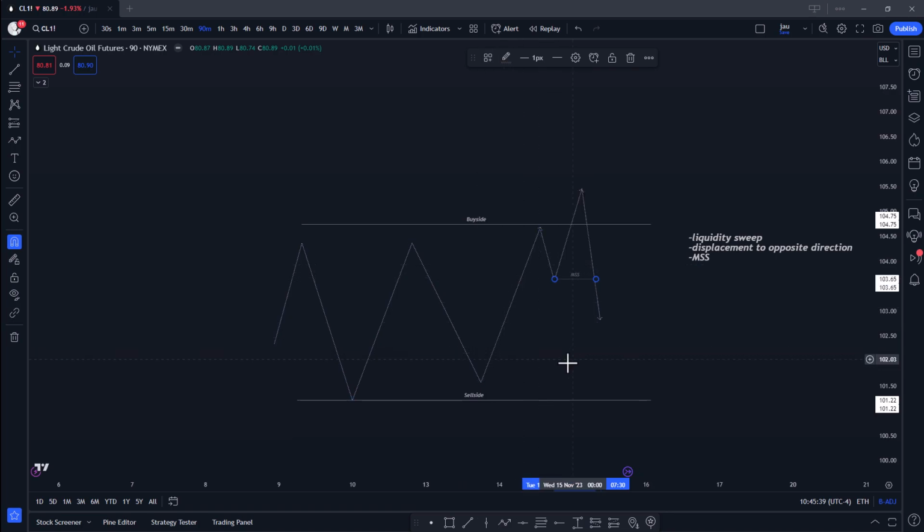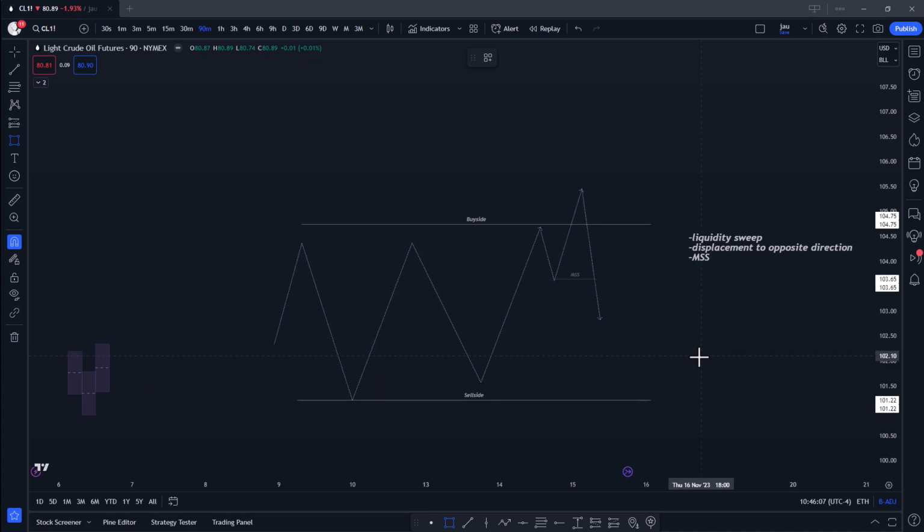Again, many might not know what a swing low is, so let me just give a quick vague depiction of a swing high and a swing low. So a swing low is essentially made up of 3 candlesticks. Any low that has 2 candles to each side of it that are higher than the lowest one in the middle, that's a swing low.